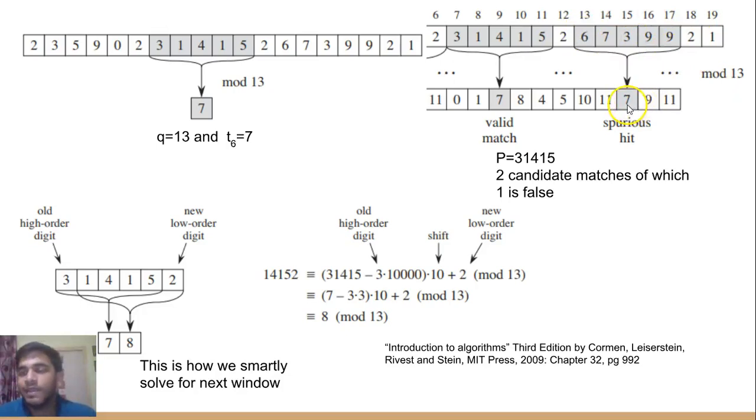But this doesn't mean that this has been a valid match. So for all the candidates that we get, we need to compare the value of pattern to the string itself. Hence, on comparing 31415 with this one, we say that this has been valid. But when we compare 31415 with this number, that becomes a spurious hit.